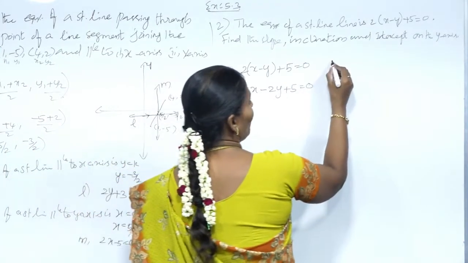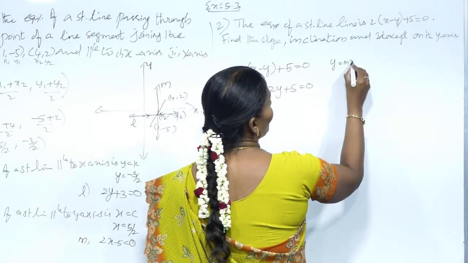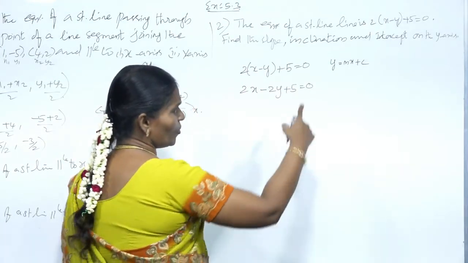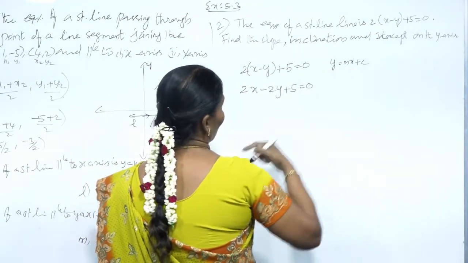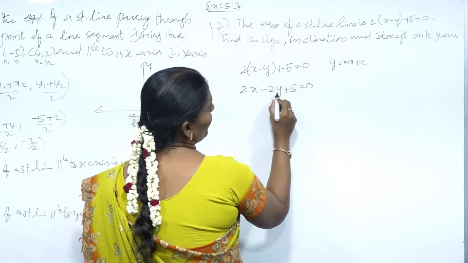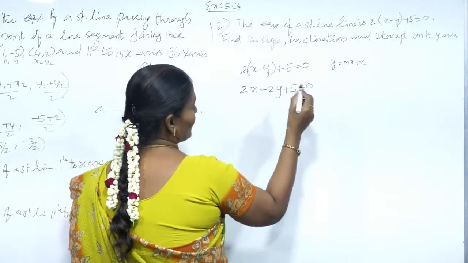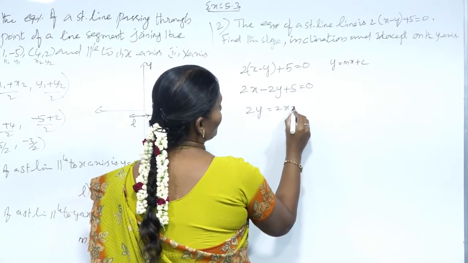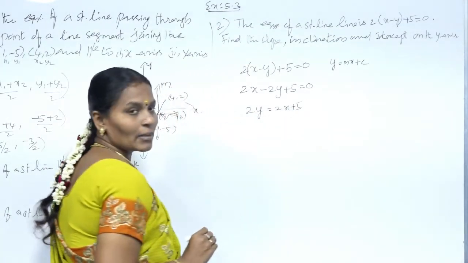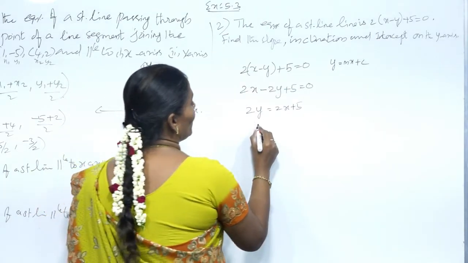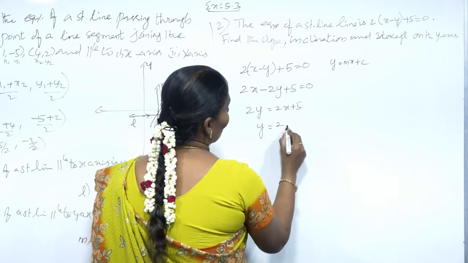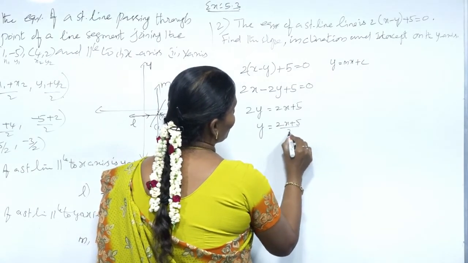What is the slope and y-intercept form? y is equal to mx plus c. Am I correct, children? Yes. So you convert to this form. So this minus y bring to the right side. So y is equal to 2x plus 5.